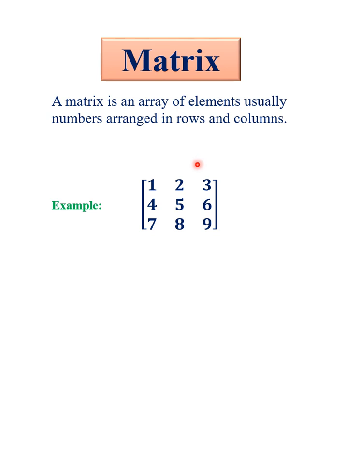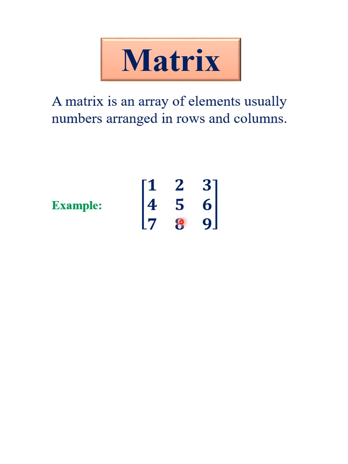Example of a matrix is this. These are numbers arranged in rows and columns. Looking at this matrix, these entries, which are the numbers, are called the elements of the matrix.